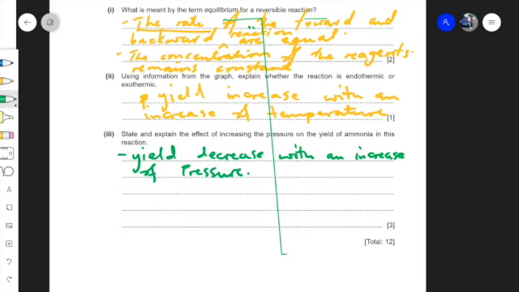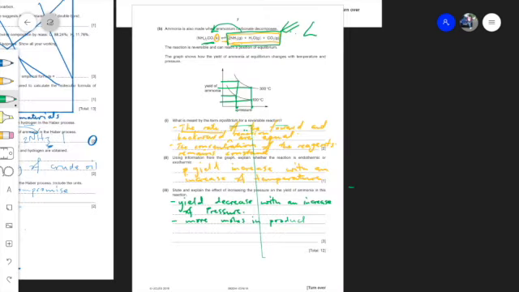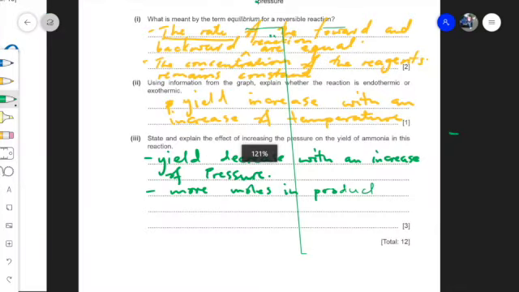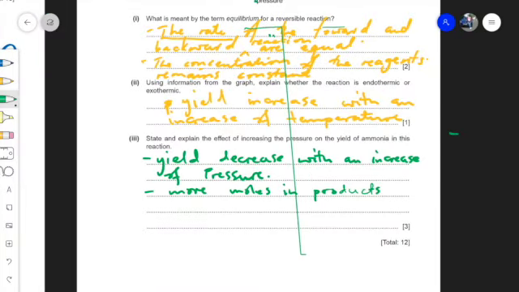And why? There are more moles in the products than in the reactants.